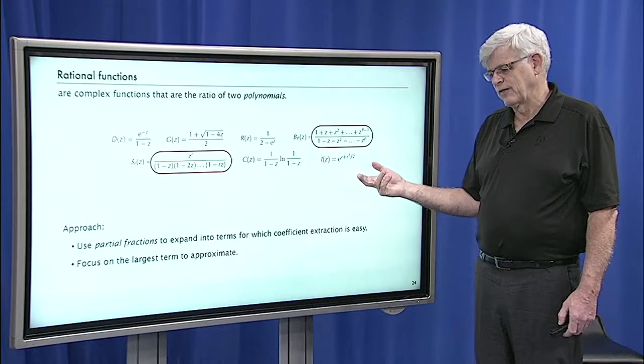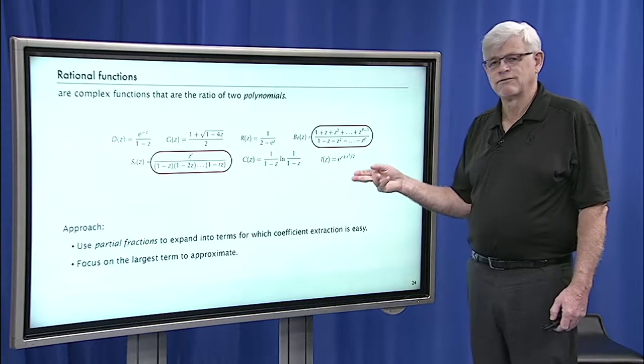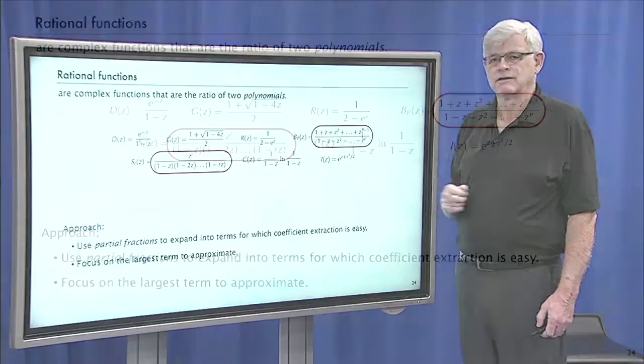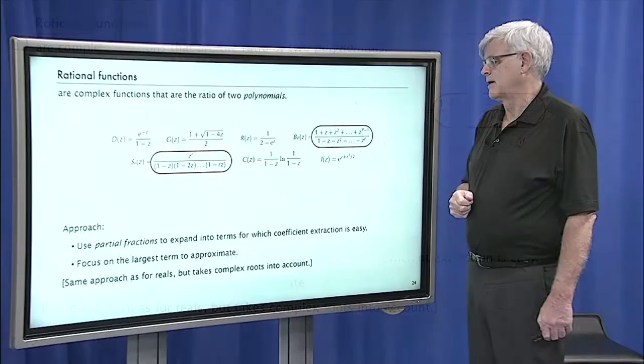And not only that, when we have it broken into a number of terms, we're going to focus on the largest term to get the approximation. It's the same approach as for reals. The difference is that we might get complex roots of the polynomials. And we'll see that in examples.